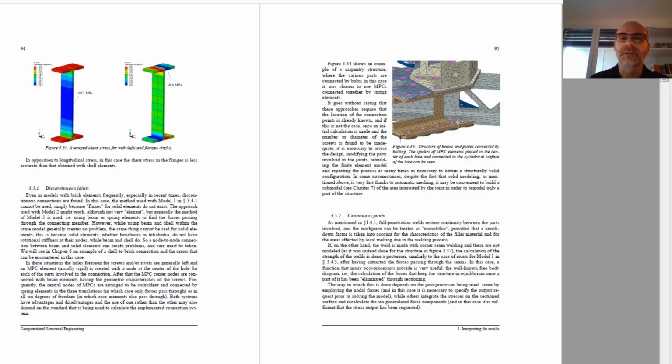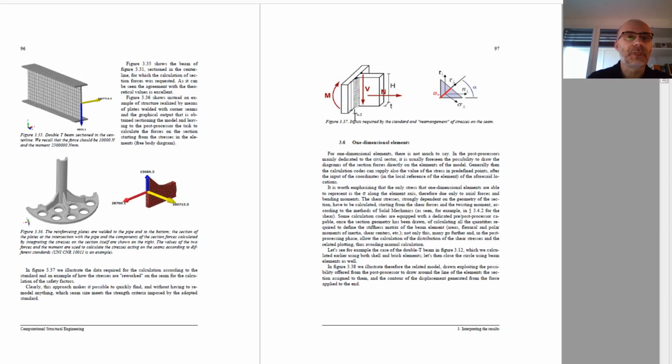So we see here some beams which are connected through bolts, and in this case rigid elements were used to connect the center of the hole with the border of the holes, and then spring elements were introduced between them to extract the force.